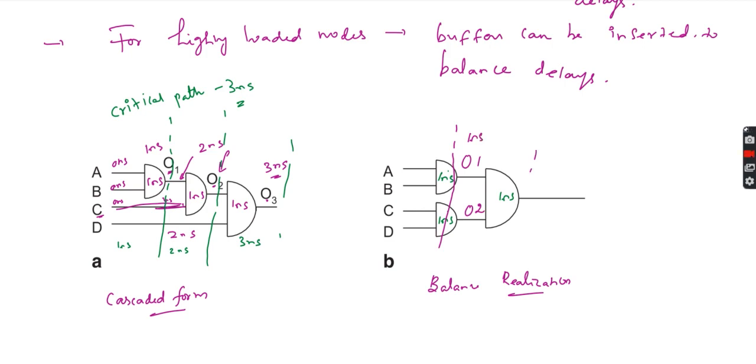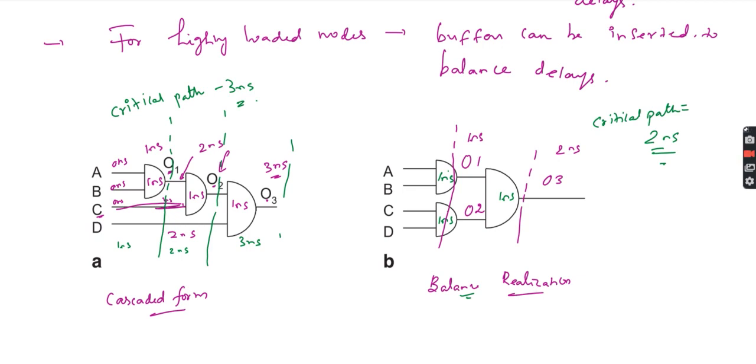Next, after 2 nanoseconds I will get the output O3. So what is the critical path here now? The critical path is 2 nanoseconds. See, here 3 nanoseconds, here it is 2 nanoseconds. We reduced the critical path. So with the help of this balanced realization, you can reduce the critical path. The delay can be reduced.